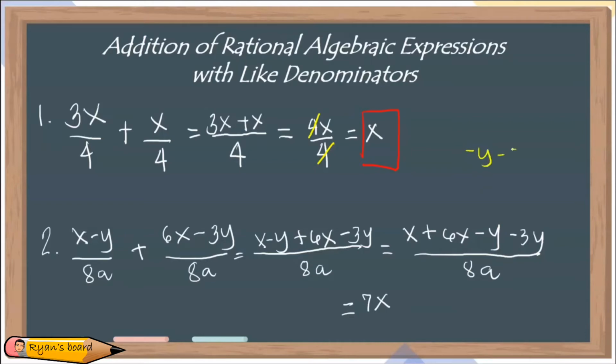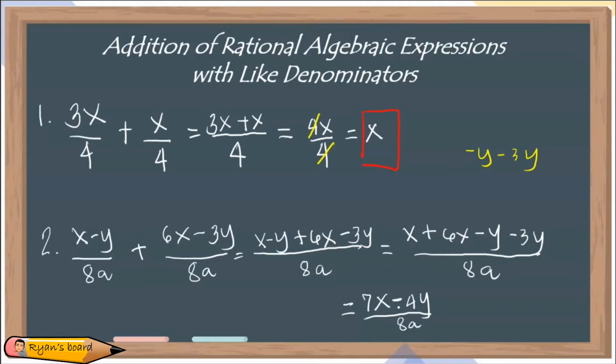Kapag ganyan, meron kang negative, tapos meron kang minus, i-add mo lang yung numerical coefficient, tapos yung sign ay minus. So, this is 1 plus 3, so that will become 4. Copy yung y, then copy lang yung sign na minus, over 8a.